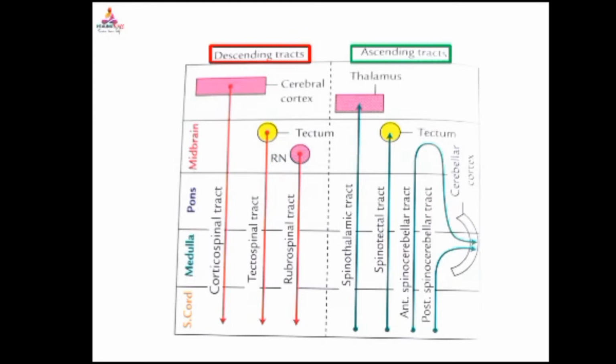Origin from the spinal cord and terminating in the cerebellar cortex, that is two regions, anterior spinal cord and posterior spinal cord. The anterior part is called the anterior spinocerebellar tract. The posterior part is the posterior spinocerebellar tract.